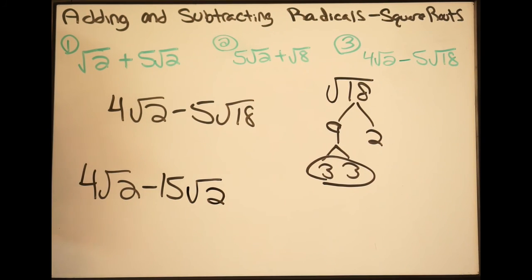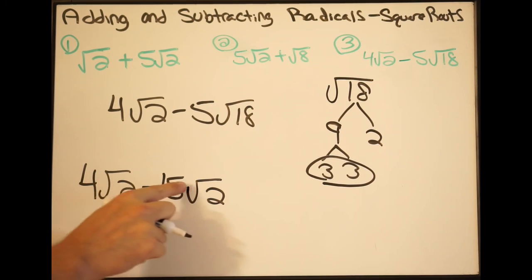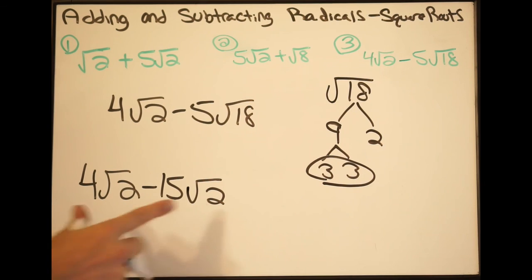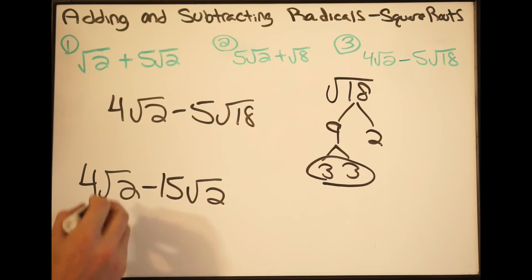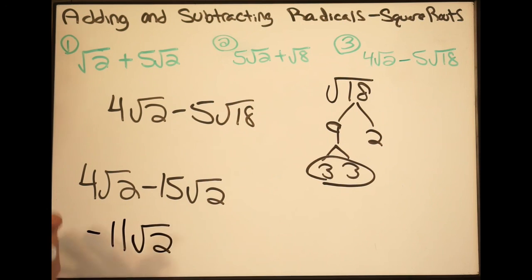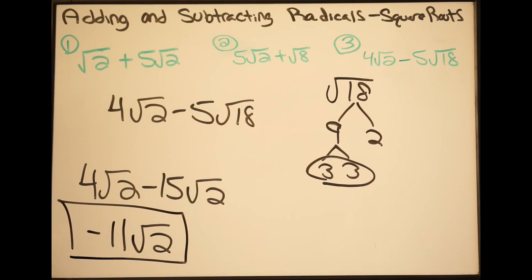And now we can perform our operation because, again, we have the same index, good, and we have the same radicand, good. So performing this operation, 4 minus 15, that's going to give us negative 11. So we get negative 11 square root of 2. Again, our radicand does not change. This here is going to be our final answer. Okay, so that is adding and subtracting radicals, and in particular, square roots.